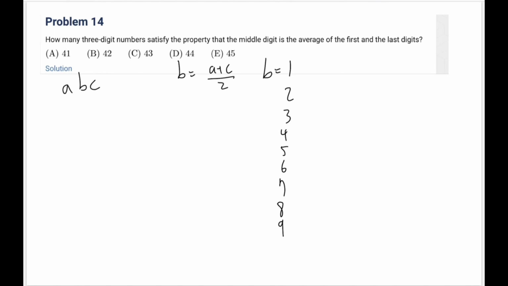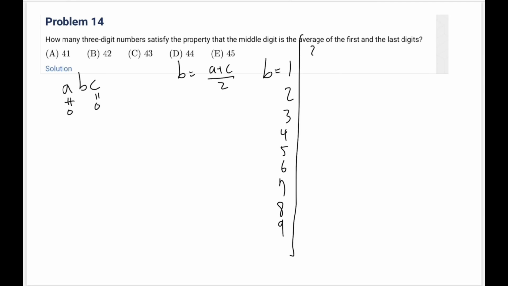And if B is 1, A can't be 0, but C can be 0, right? And so if B is 1, then this can only be 1, 1, 1, 0. So I'll just write the A and C. They will be 1 and 0. If B is 2, then it can be 2, 0, or 1, 1. Actually, we have to make it as 2B, right?